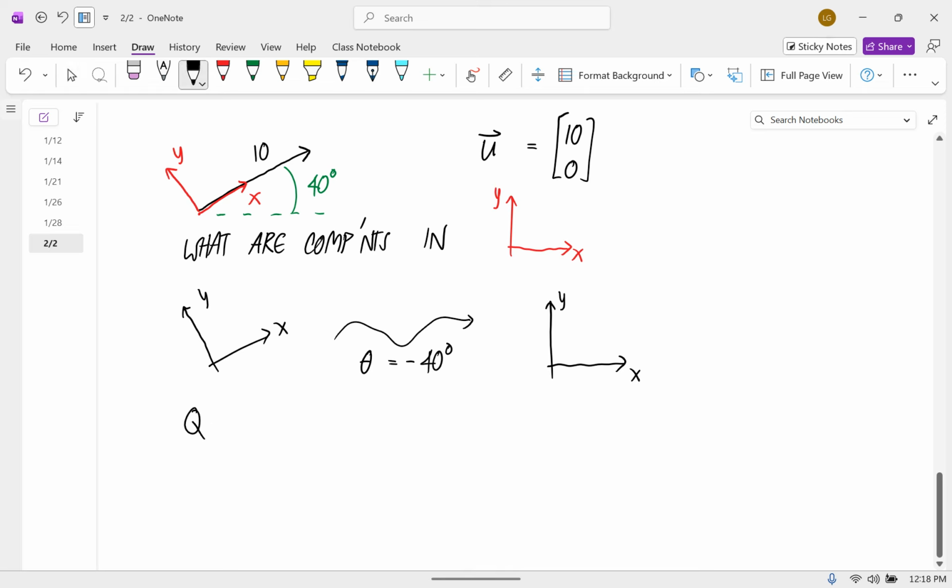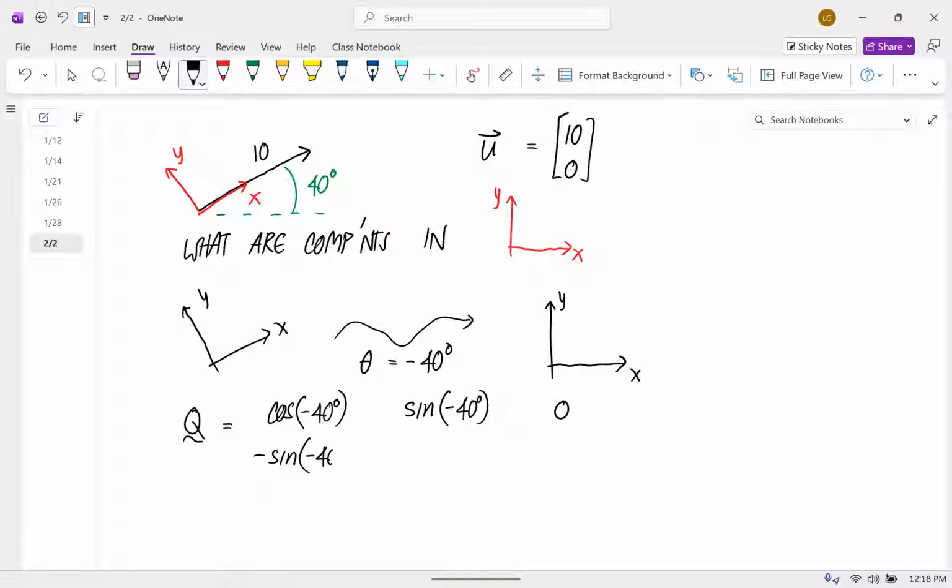So our rotation matrix is going to be cosine of negative 40, sine of negative 40, 0, then negative sine of negative 40, cosine of negative 40, 0, and then 0, 0, 1.